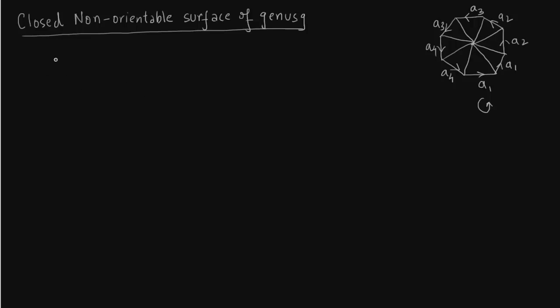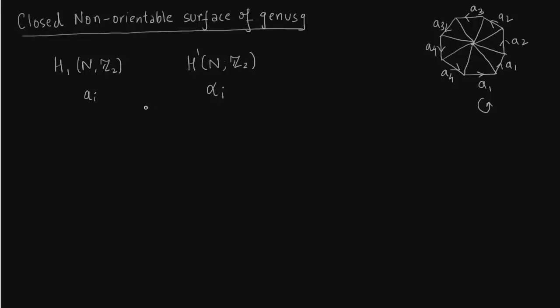So now, what is the homology of this non-orientable surface? We are taking the coefficients in the ring Z2 instead of our normal Z. So the homology is generated by the edges A1, A2, A3 and A4. I'm writing A_i here, and the corresponding cohomology is alpha_i.